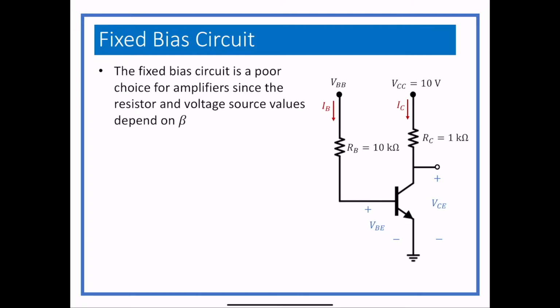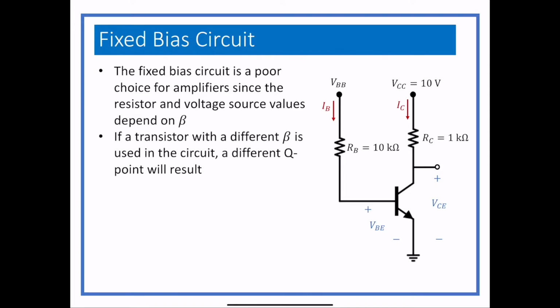And the other problem is that if you have your transistor blow up and you go and get another transistor and put it in, and it has a different value of beta, the whole circuit will not work the same way. And so basically, better bias circuits work by not depending so heavily on beta. And we're actually going to cover the most popular bias circuits next time.